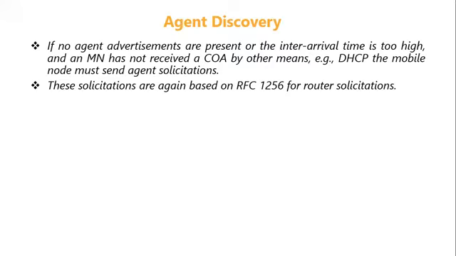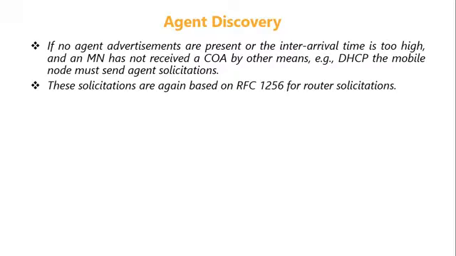The mobile node knows its location and the capabilities of the agent. The next step for the MN is the registration with the HA, that is, the home agent. If the MN is in a foreign network, then the registration cannot follow in the normal style.